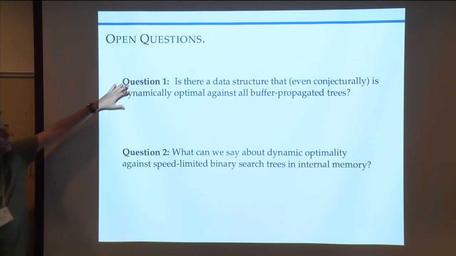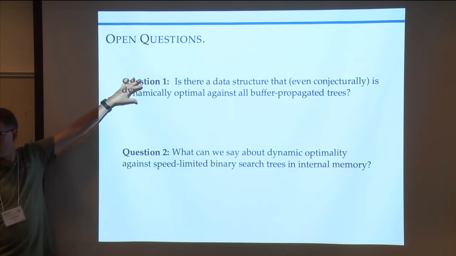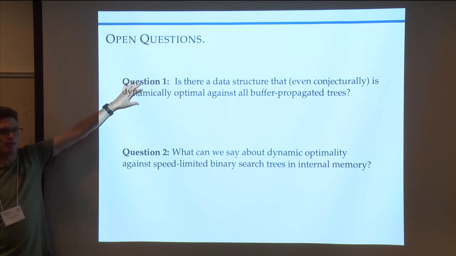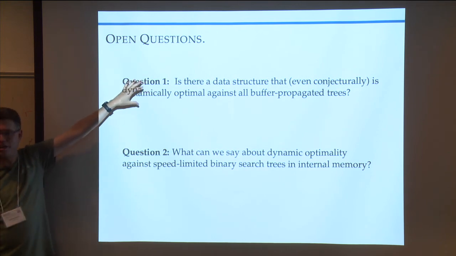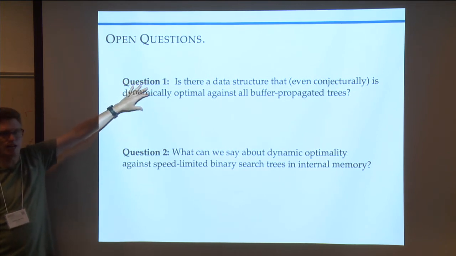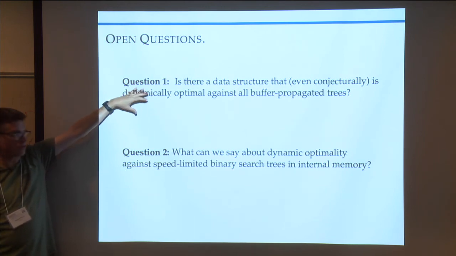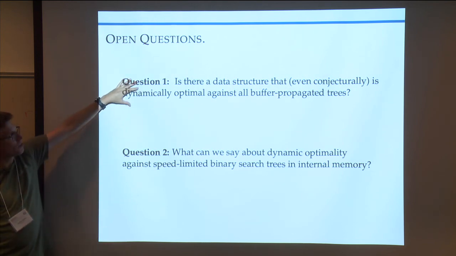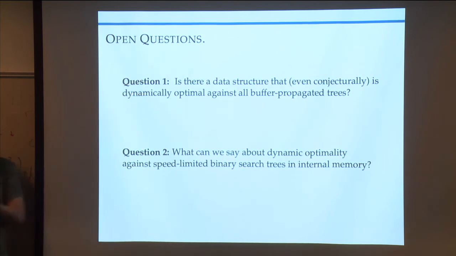Along these lines, the Jello tree is not a clean, simple data structure with a clean, simple analysis. It's complicated, and it's sort of disappointing that it's complicated. I don't think ultimately something like this should need to be. So one of the questions is to revisit the tree, figure out the clean and right way to do it. And is there actually a data structure that's dynamically optimal against some sort of buffer propagated tree?